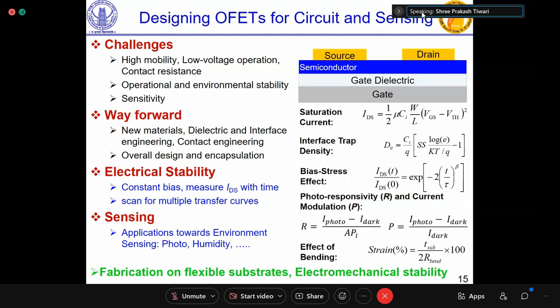But then say, for example, if you are talking about photo sensing, then there also have to be some parameters which quantify the amount of photo sensing. So in that case, you can say photo responsivity and current modulation. What could be photo responsivity? If you say it is R, so you can say current when light is shone minus current when device was in dark, so I photo minus I dark by A into Pi.